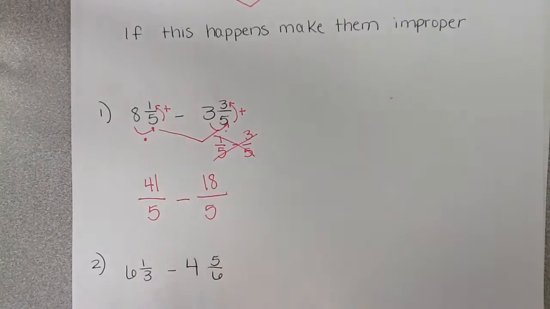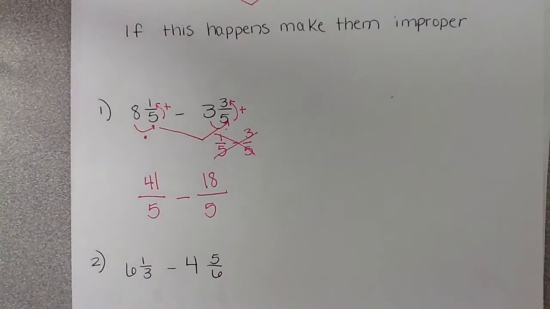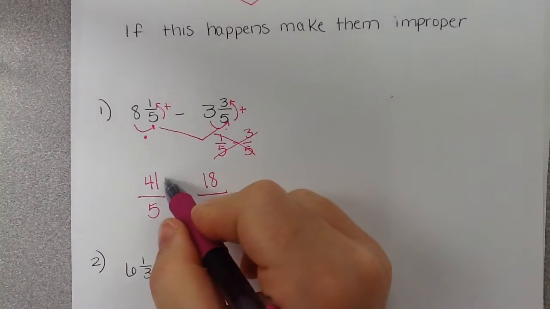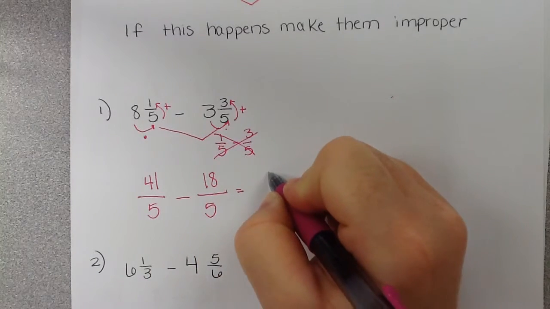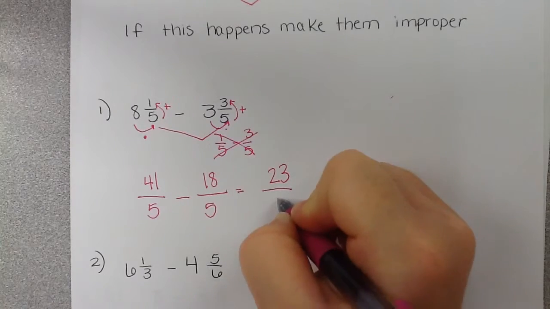Now that they are improper fractions, we can subtract those just fine. So subtract across the top, 41 minus 18. We get 23 over 5.